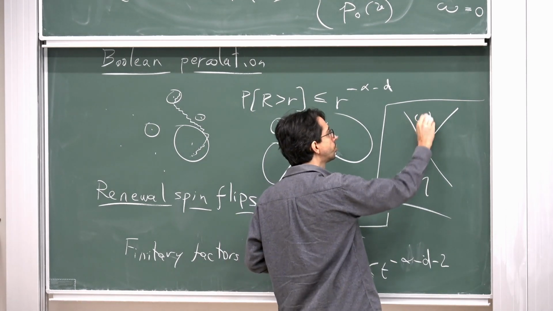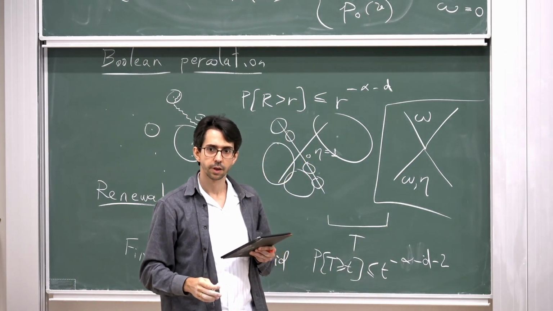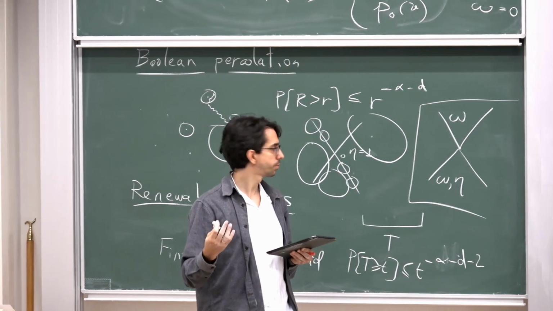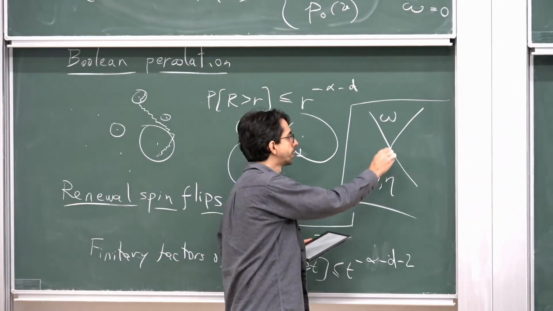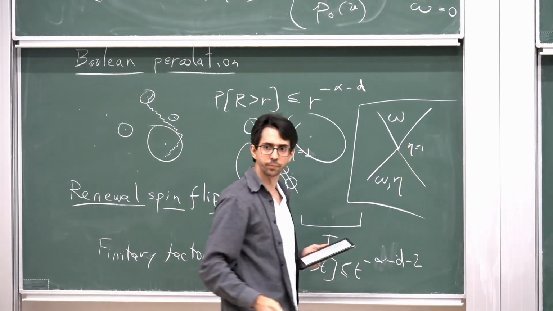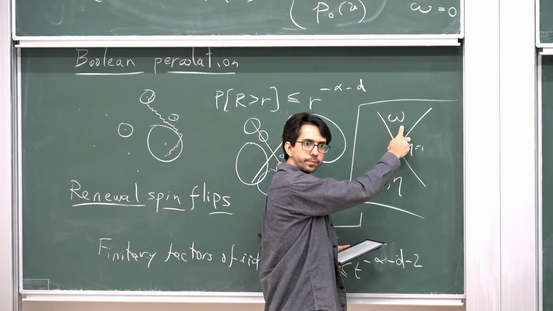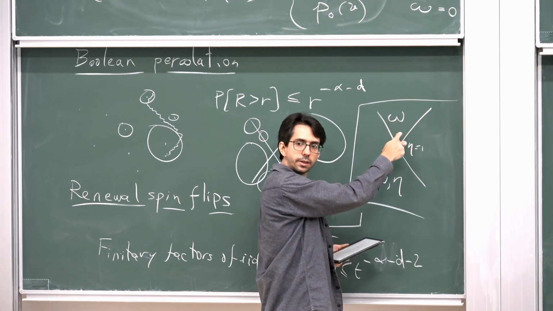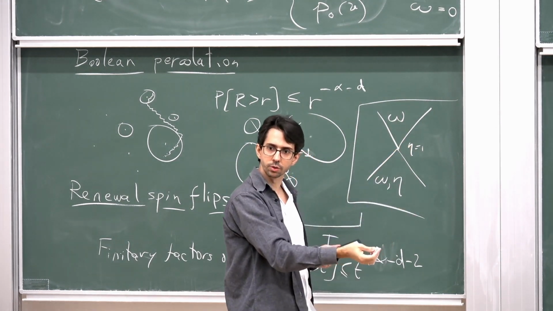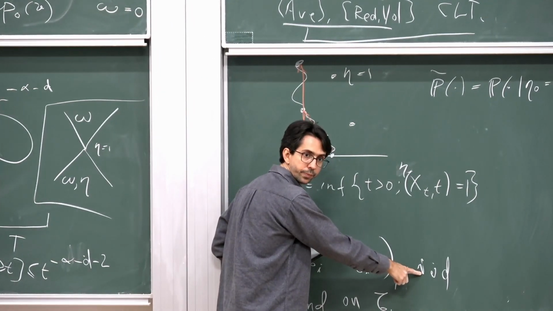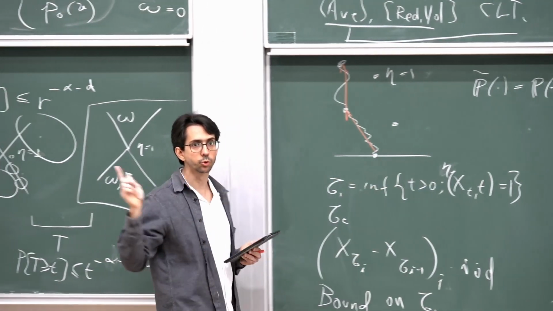In the future, I only looked at omega. And I said the future conditioned on the past is fresh given that eta is 1. But I did not include eta in the future. If I had included eta in the future in my definition of double star, this statement would be trivial. But then I wouldn't be able to prove any example.